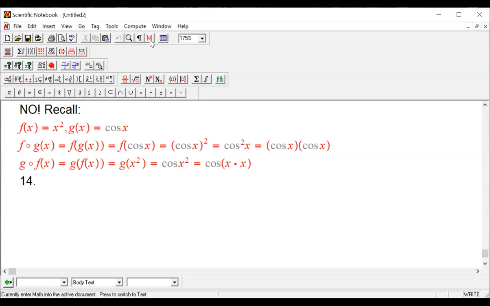Number 14. If f is a one-to-one function, then f inverse equals 1 over f.